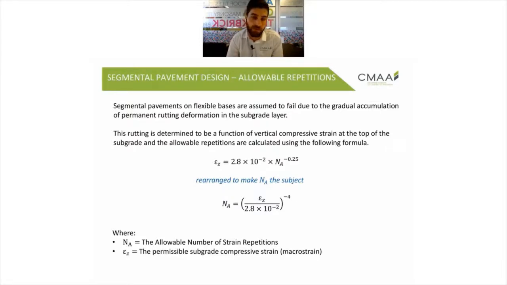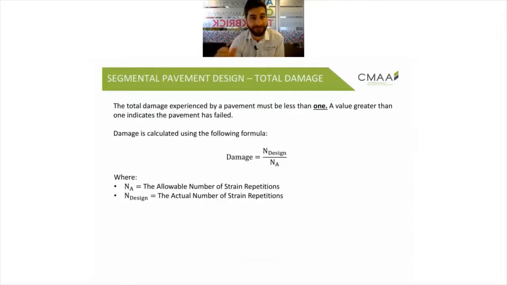And that's what DesignPave is doing. It's adjusting the base thickness, which is the variable, in 5 mil increments to ensure that that equation is satisfied. And yeah, so providing that we're less than 1, the equation is satisfied, and we're trying to get as close to 1 as possible to ensure an optimal design.